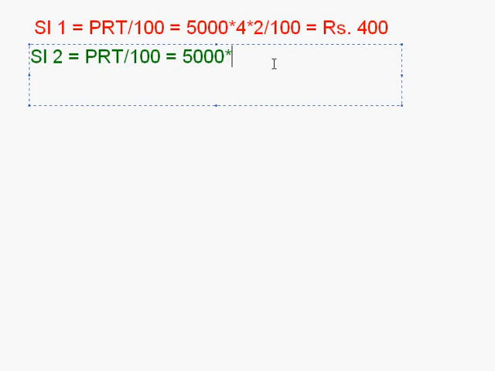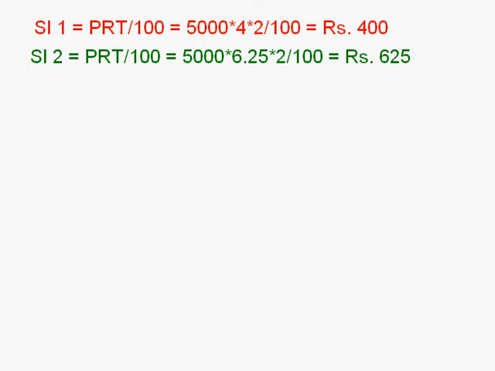So we write 6.25, times the time period, the same 2 years, upon 100. It will be equal to rupees 625. So simple interest in case 2 is 625.